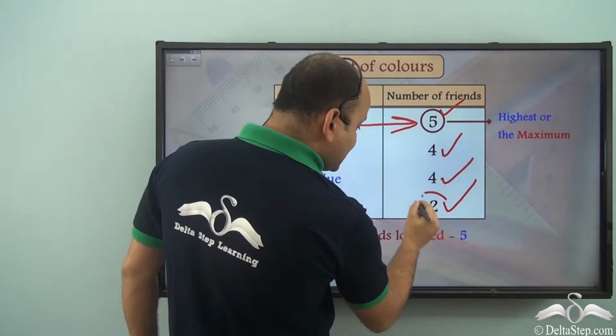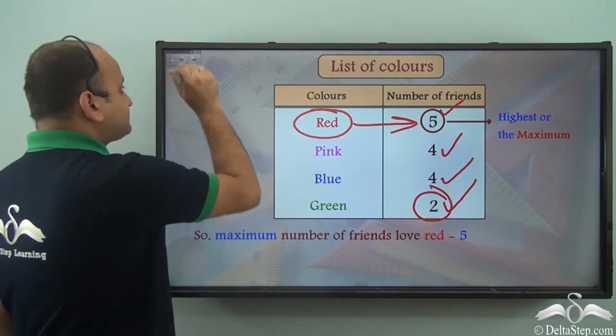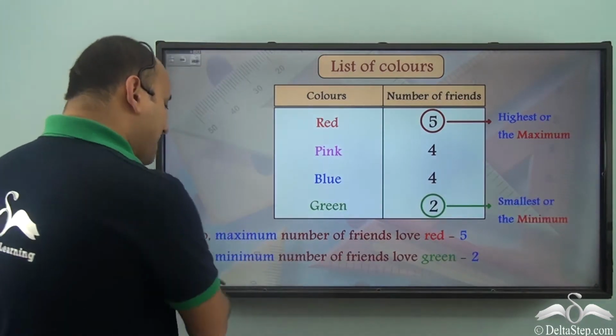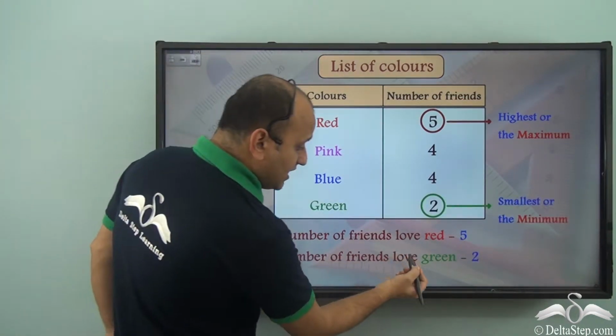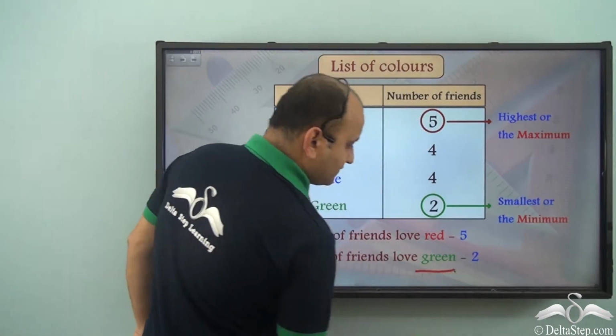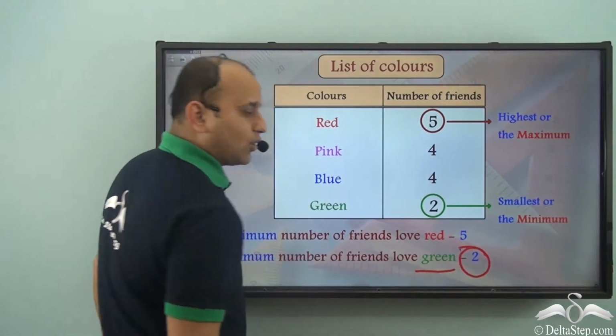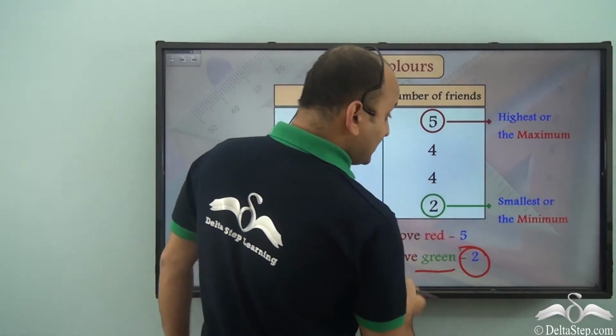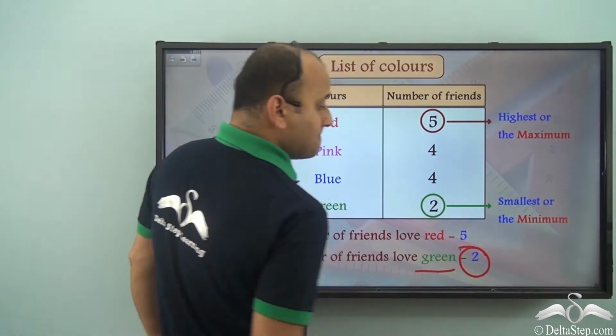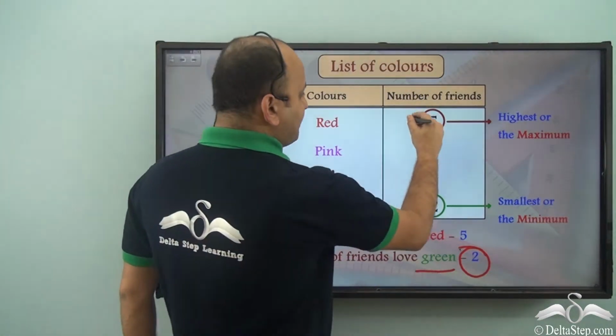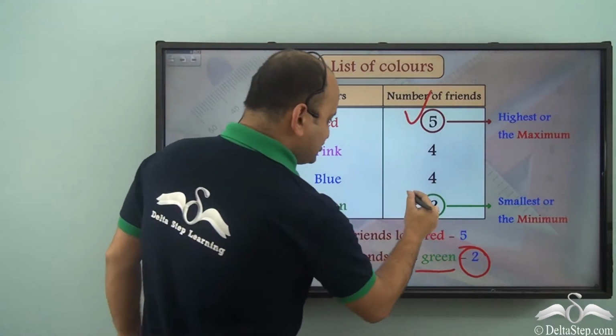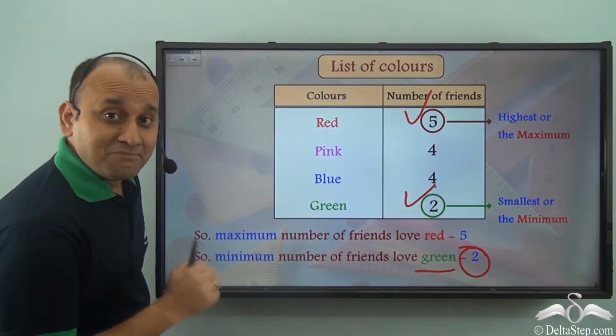So the least is 2, isn't it? So the minimum number of friends love green, that is only 2 people. So 2 here is the smallest or the minimum. So we have 5 as the maximum and 2 as the minimum.